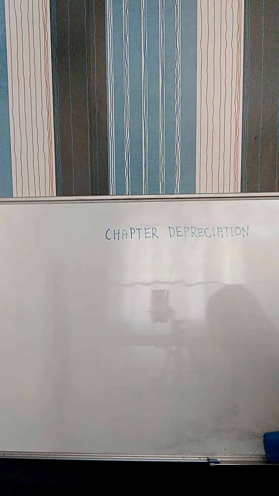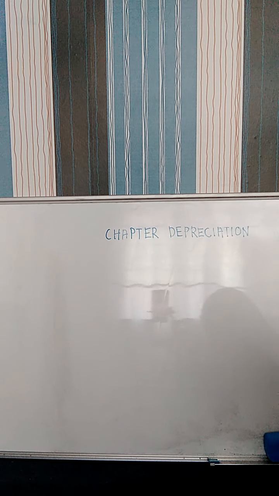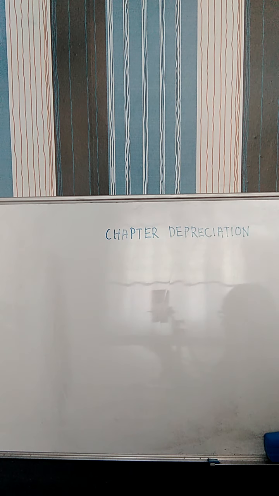And number 3 is sum of the years' digits method. So after this, we need to proceed to the 3 methods here: straight line method, declining balance method, and sum of the years' digits method.